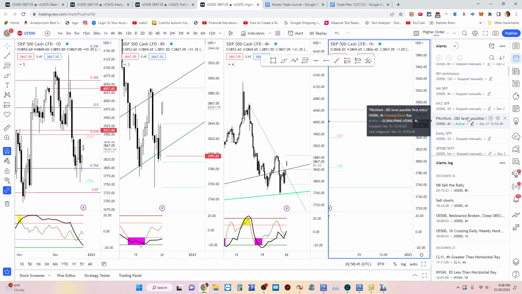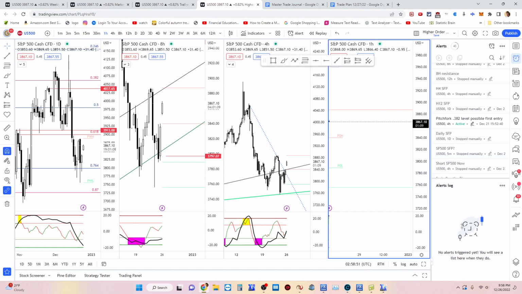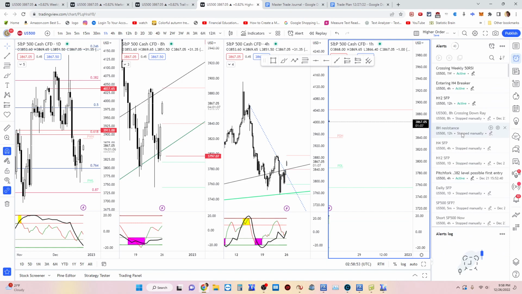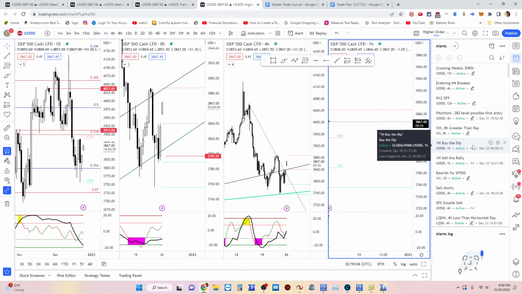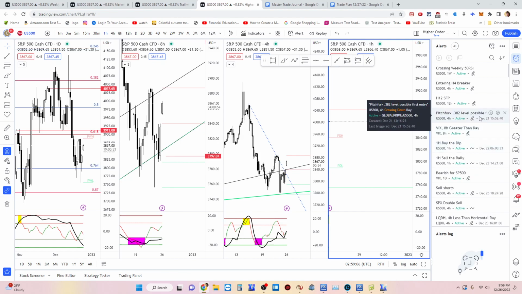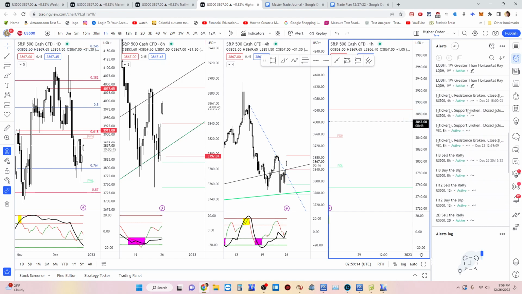So if we were to take a look here, we want to clear the log for the week, and then we want to find a Momo. Let's clear all the ones that have been stopped. Okay, and then we're looking for sell the rally.